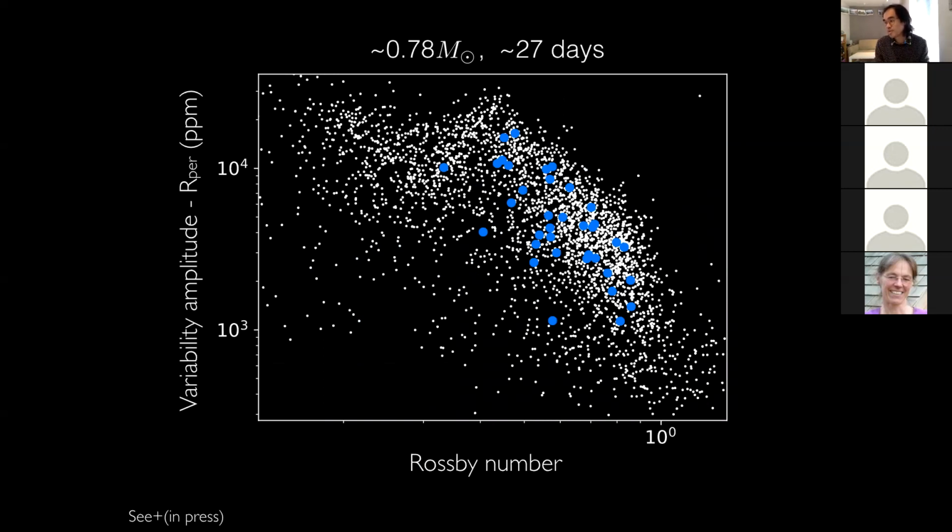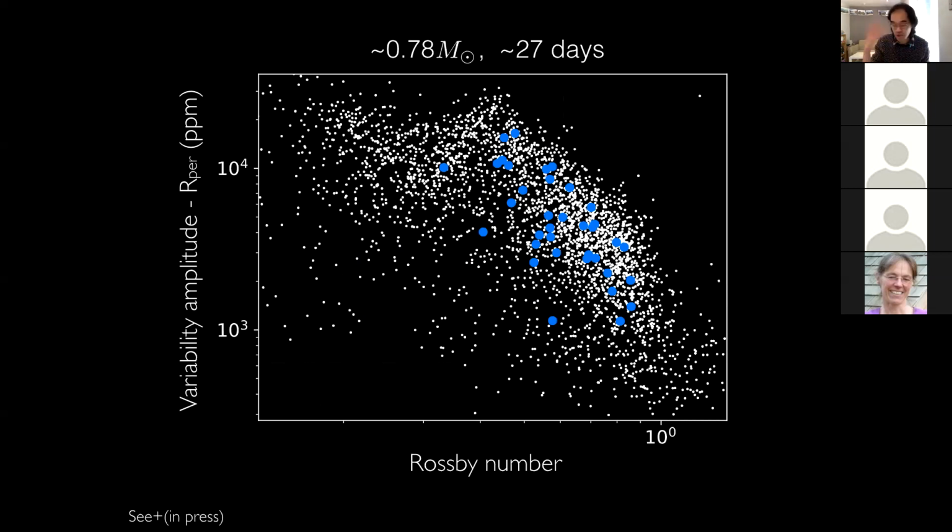This spread in Rossby number really is mainly driven by the changes in metallicity, because all of these stars are roughly the same mass and period. On the previous slide, I showed that the high variability stars are the metal rich ones, and on this slide you can see that the high variability stars are the small, low Rossby number ones. And again, this seems to match with the theoretical expectation that I outlined earlier in this talk.